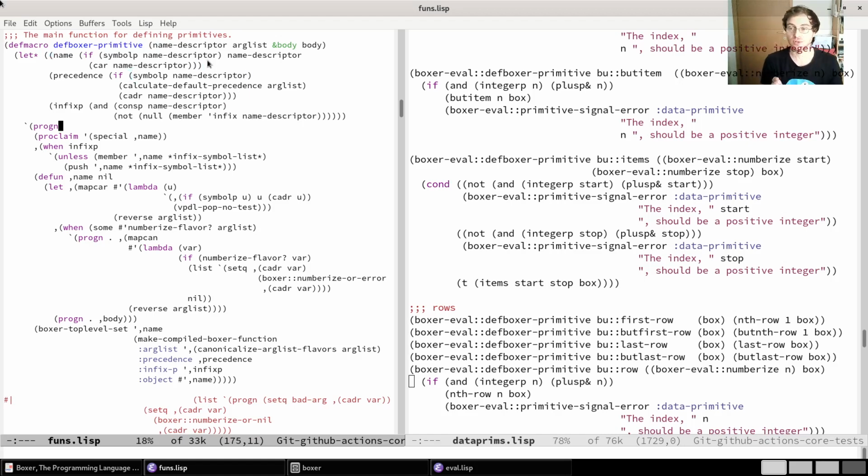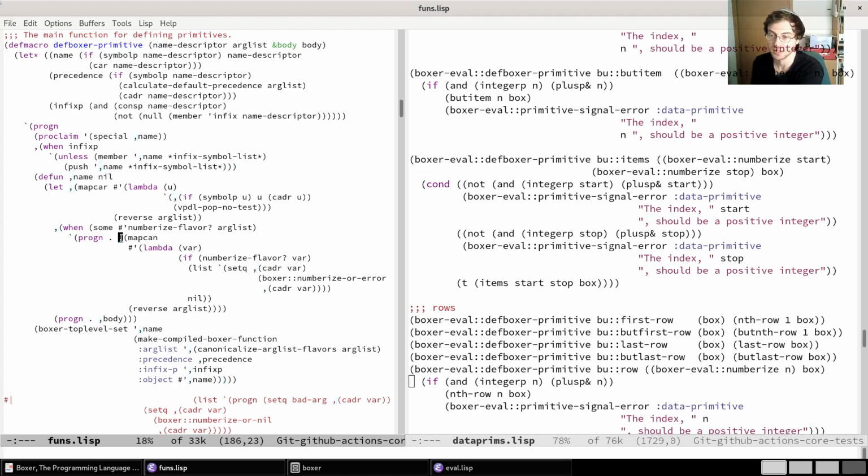The notation you see here is called back quoting or semi-quoting, which is a template for what the resulting code will look like, but the parts with a comma are dynamically inserted. Those are the slots in the template that will be filled in. And there is some pre-computation at the top.